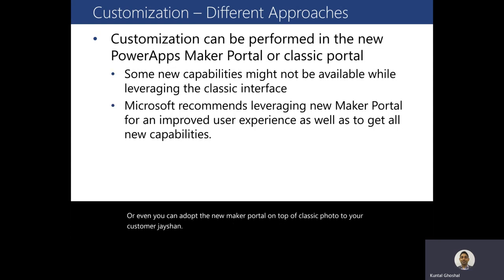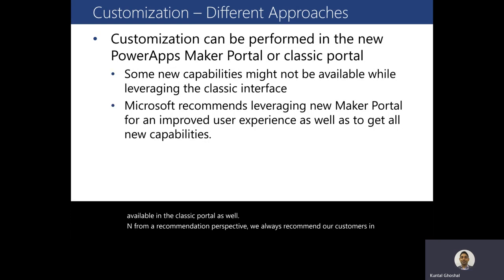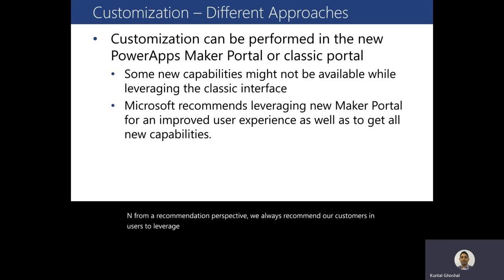Just remember that some of the capabilities that we are releasing might not be available in the Classic portal as well. And from a recommendation perspective, we always recommend our customers and users to leverage the Maker portal, which is the newer interface of customizing Dynamics 365. You can always access the Maker portal by typing make.powerapps.com.